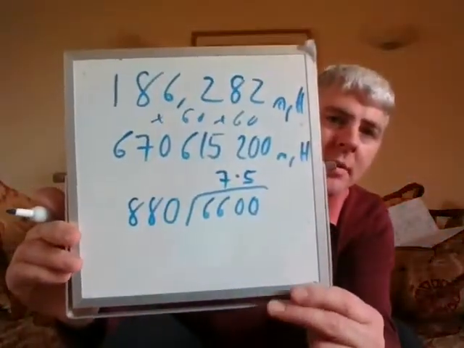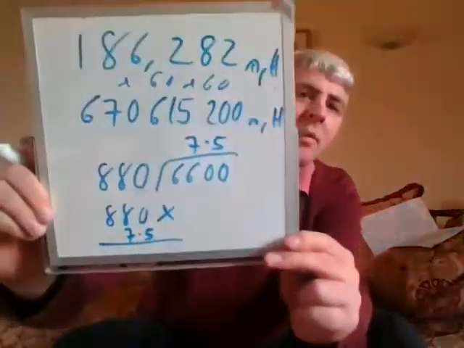But if I do this to make sure that I'm right, I want a foolproof method to avoid being wrong. So I just do 880 times 7.5 to know that I'm right.